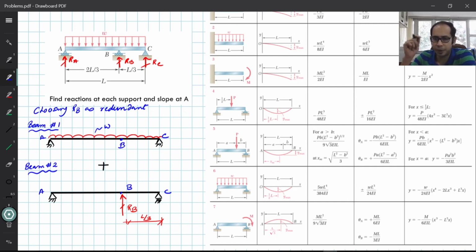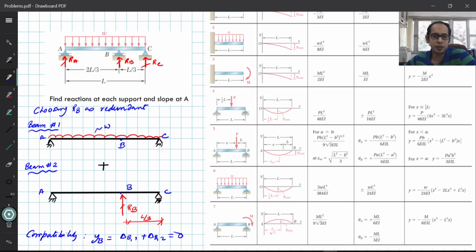That is the compatibility condition that you are going to use, right? So let's make a note of that as well. Compatibility is y of B, that is delta at B for beam 1 plus delta at B for beam 2 must be equal to 0.